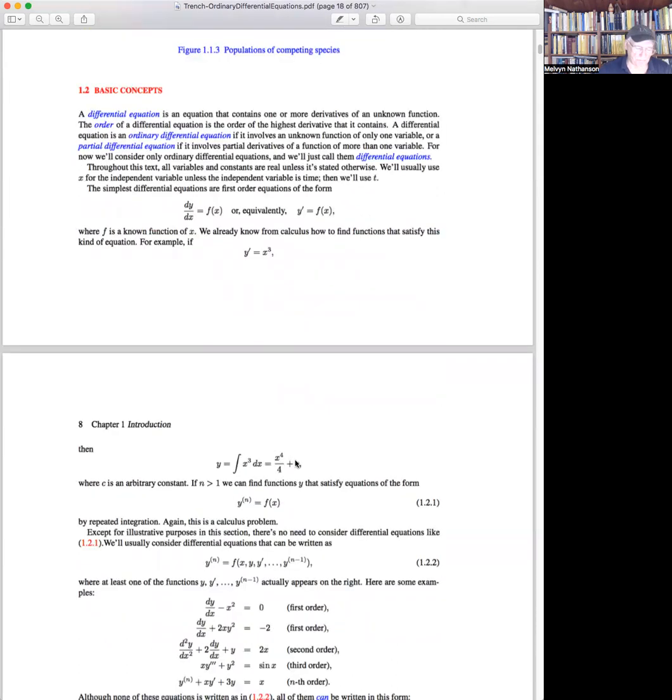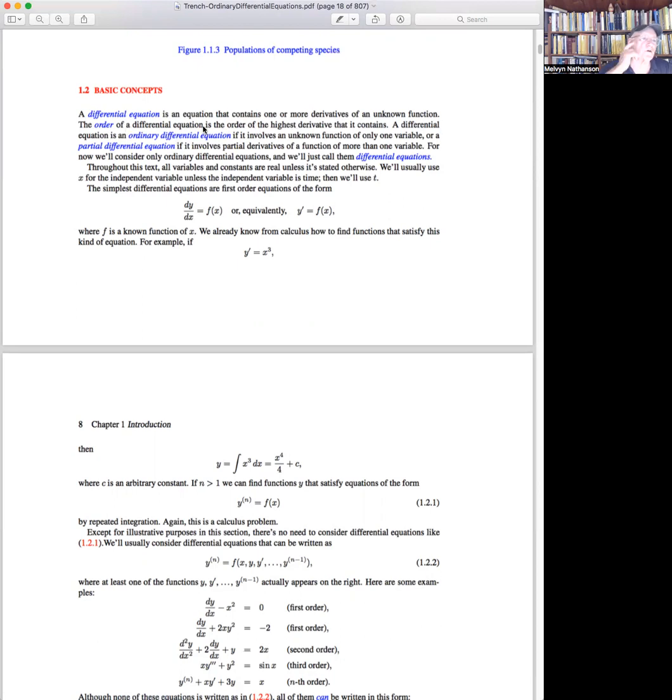Okay, well, we will have examples in the homework problems all through the semester of applications of differential equations. Section 1.2 has to do with basic concepts. This just repeats what I said a moment ago. A differential equation is an equation that involves derivatives of a function.